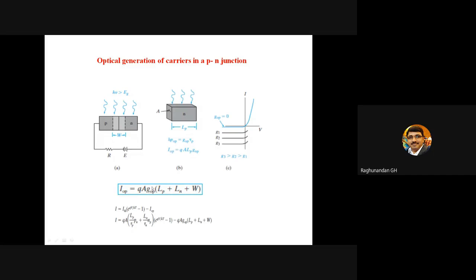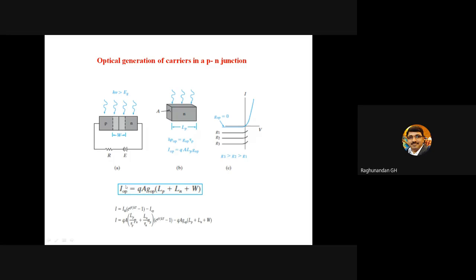GOP means the generation rate because of optical generation. Optical generation means because of the light, electron-hole pairs are going to be generated. That is GOP. So IOP is directly proportional to the generation rate.